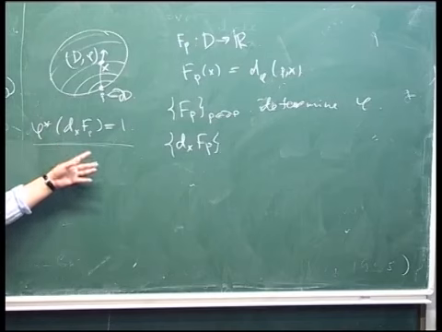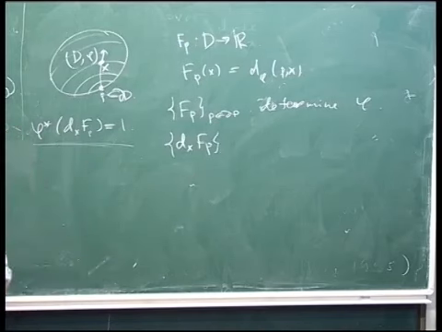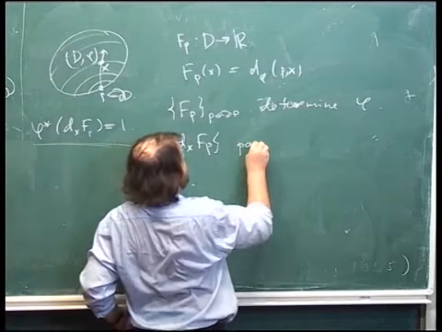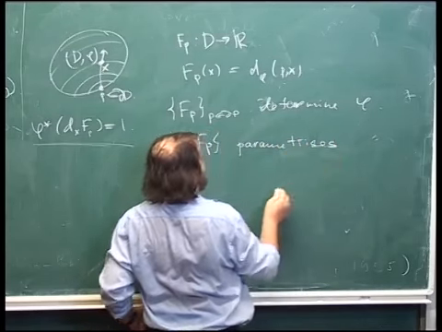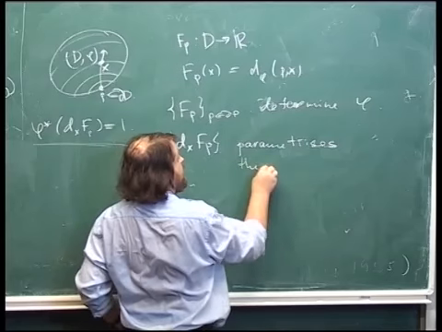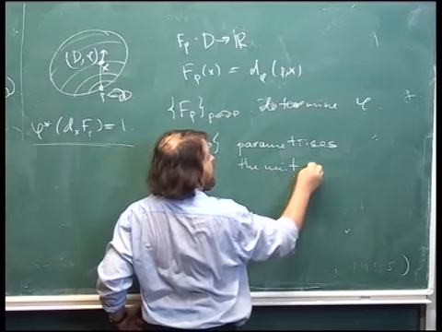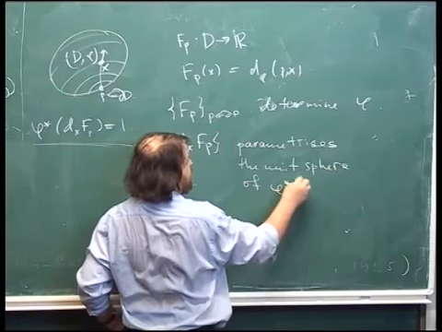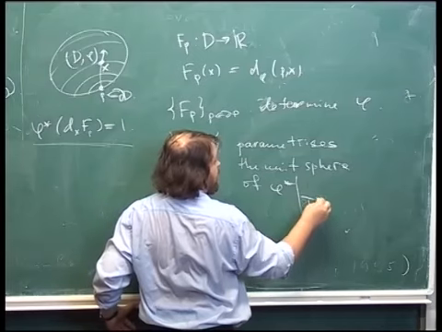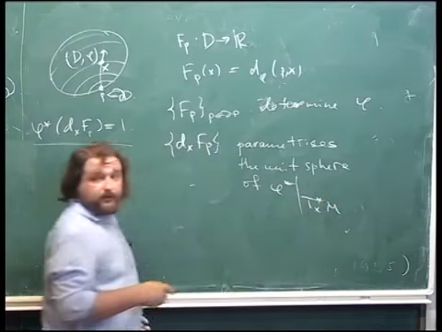So the derivatives, which are the Legendre transform of the gradients, parameterize the cotangent sphere. So this set parameterizes the unit sphere of the dual norm at this point.